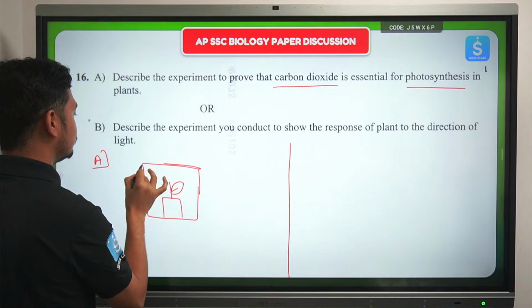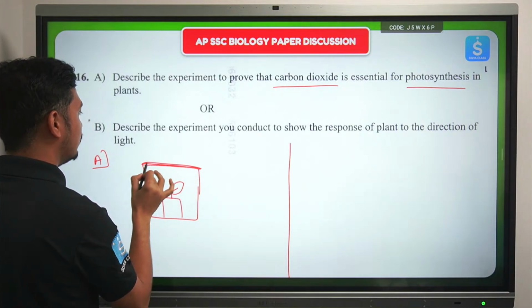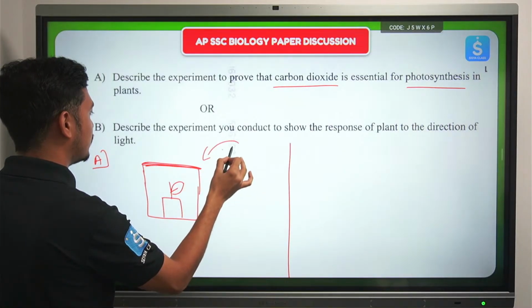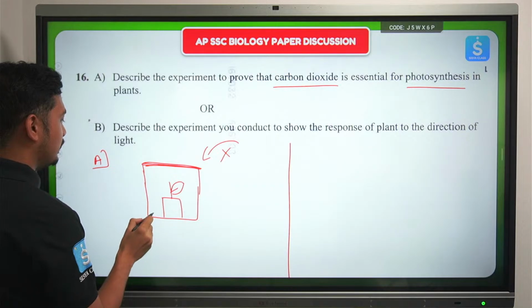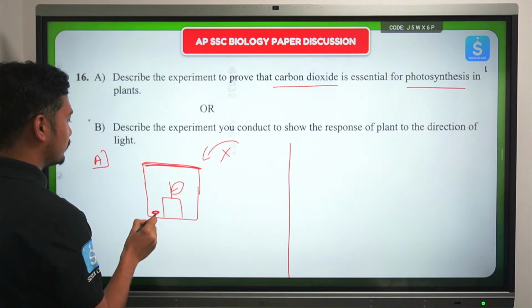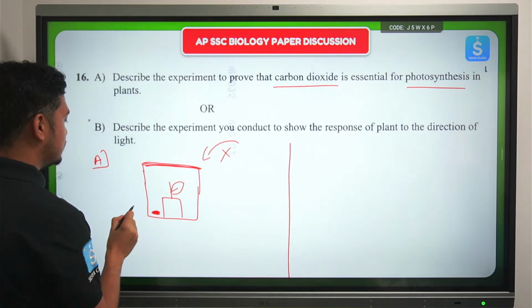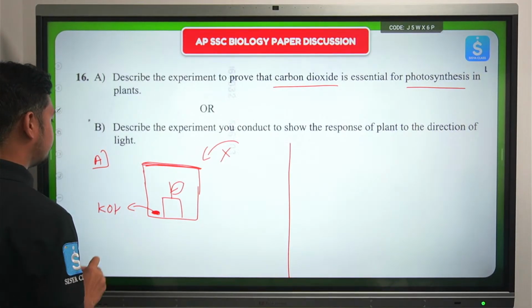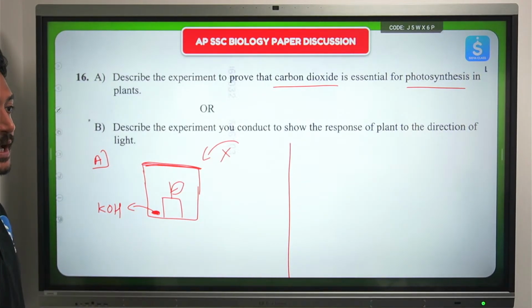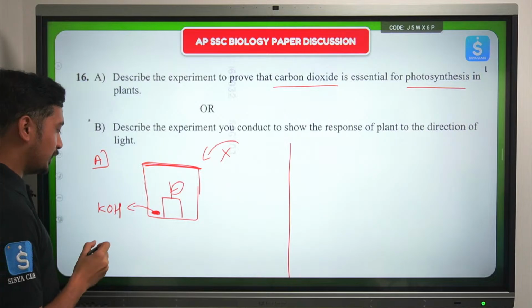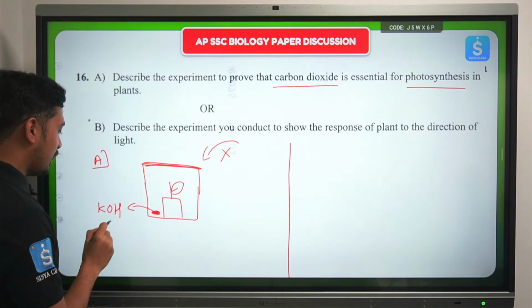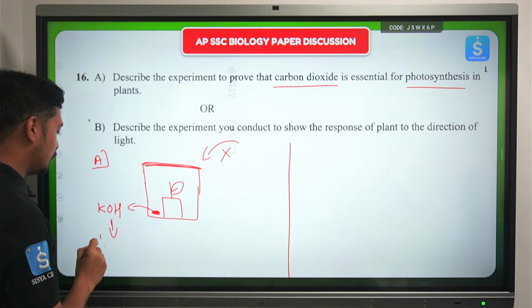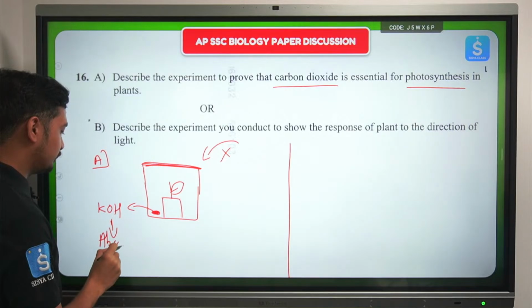It is air sealed, which means that no air can come inside. Then here we'll have a compound kept. This compound is potassium hydroxide. Now what is the property of this potassium hydroxide?